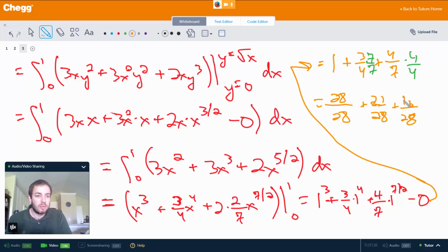So then what we have is 28 plus 21 plus 16. So 28 plus 21 is 49. 49 plus 16 is 65. So this is 65 over 28. And can we do anything to simplify that? Let's see. 13 times 5, 7 times 4, nope. So 65 over 28 is our final answer.